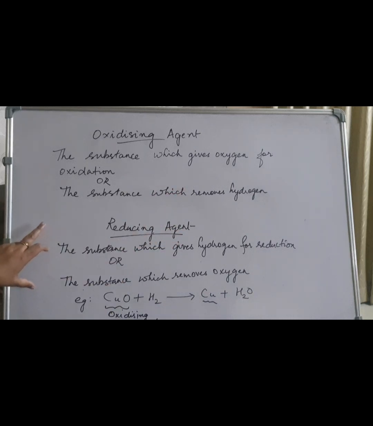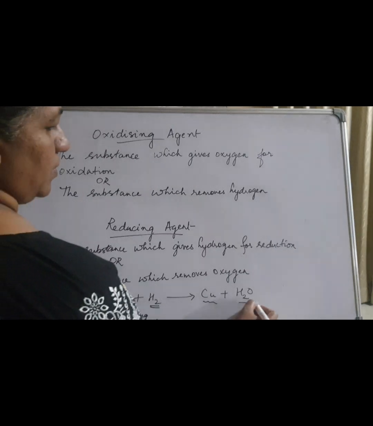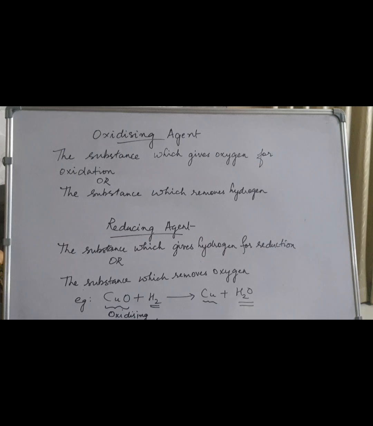One more term you have, reducing agent. The substance which gives hydrogen for reduction, or else the substance which removes oxygen. So here you can see hydrogen. Okay, and here hydrogen will form water, that is H2O.